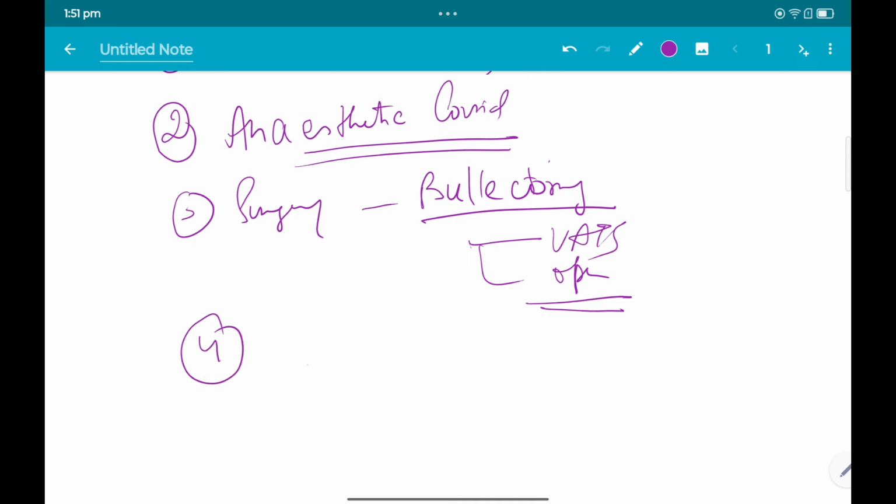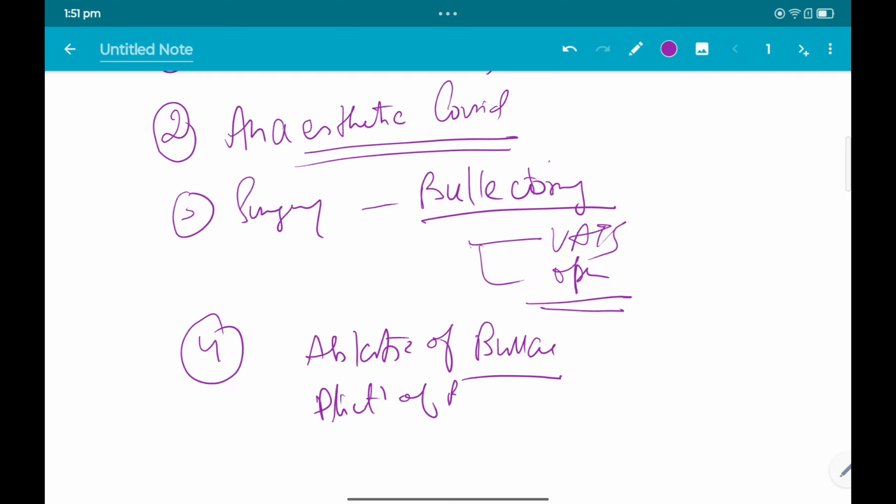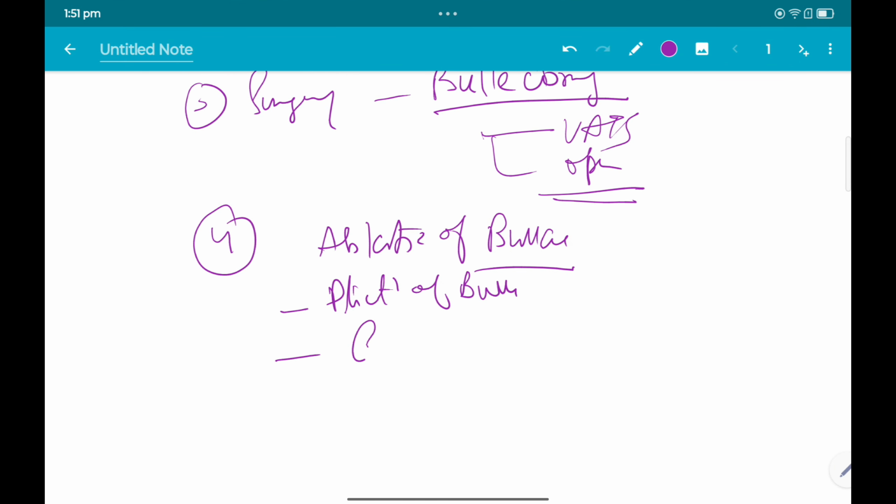It can be ablation of bulla, or plication of bulla, or you can put an endobronchial valve.